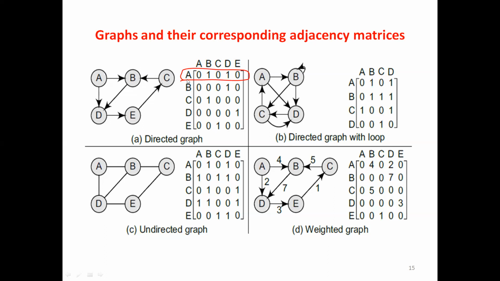When you take the first row, what happens? Who are the nodes adjacent to node A?